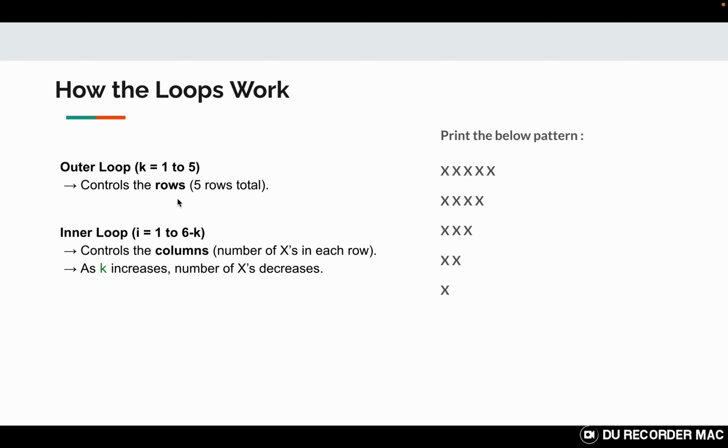So initially the k value would be 1, so i goes 1 to 5, and this statement will print 5 stars. And then when the k value becomes 2, this inner loop will run from i is equal to 1 to 6 minus 2, which is 4. In that case 4 stars will be printed. Similarly for the other rows.